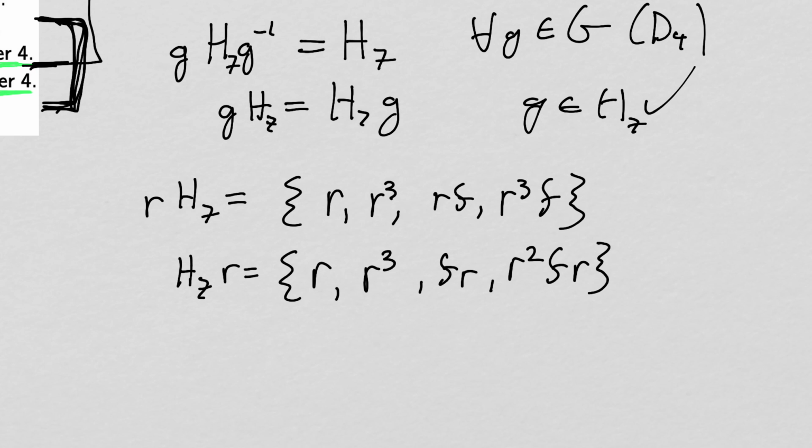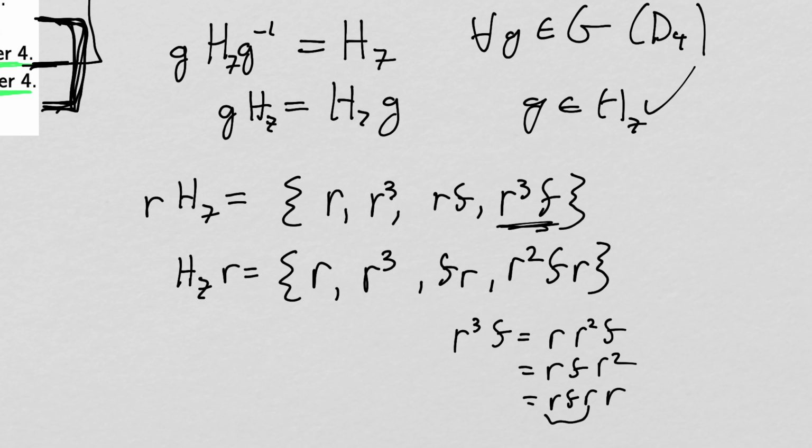So I break down the word R cubed F, right? I'm breaking down this guy. And R cubed F is R squared F R, but R squared commutes with everything, right? So I get R F R squared, which is R F R R, but R F R equals F based on the presentation of the group.